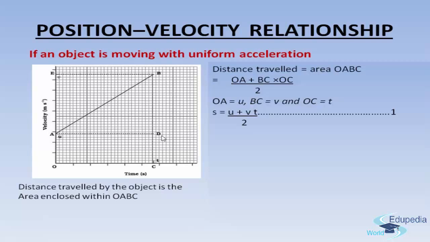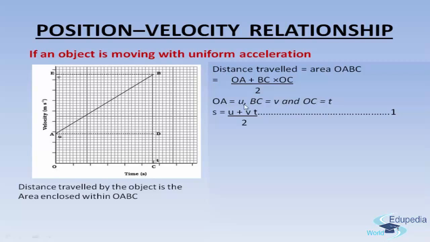So another way of calculating the area of OABC is to write OA plus BC into OC. So this also becomes the area of this trapezium, right?